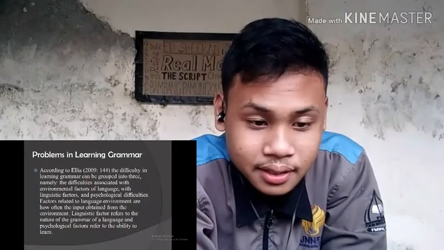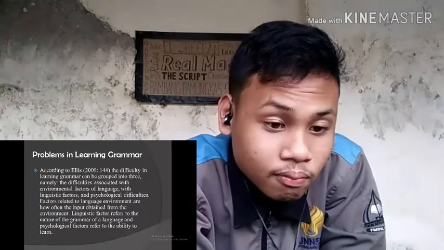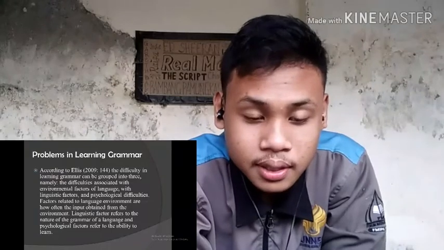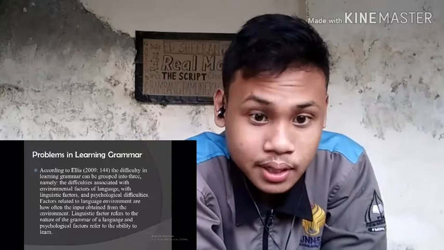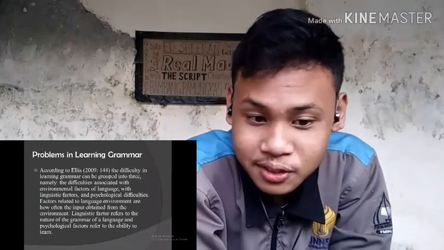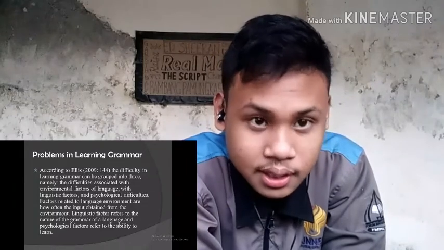And then let's continue. Problems in learning grammar. According to Ellis, 2009, page 144, the difficulty in learning grammar can be grouped into three, namely difficulties associated with environmental factors of language, with linguistic factors, and psychological difficulties.